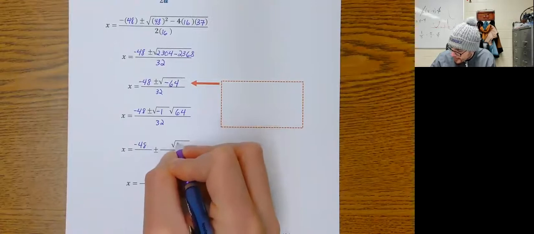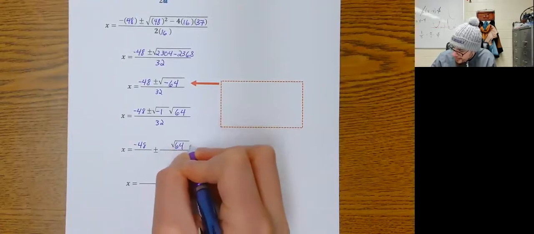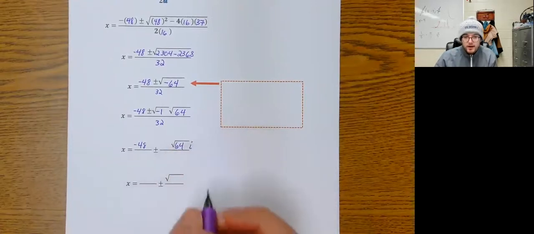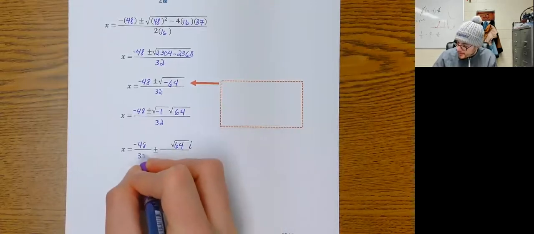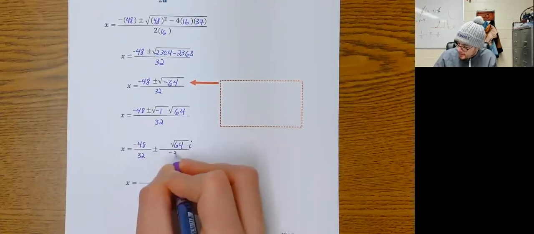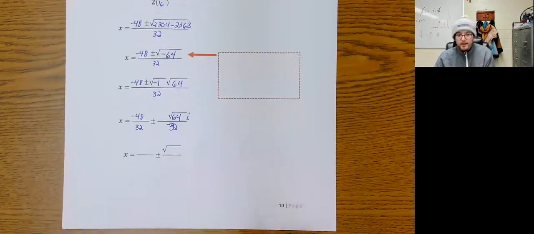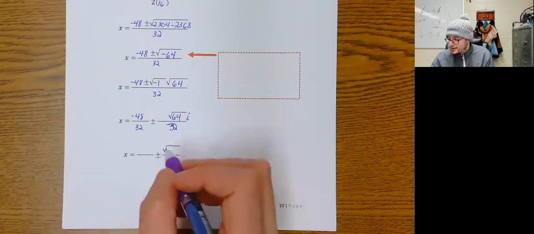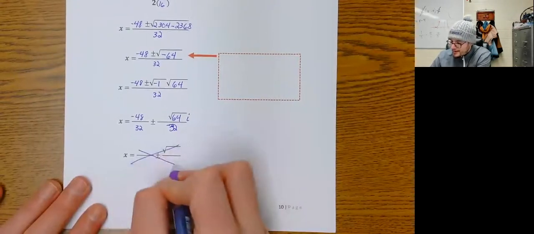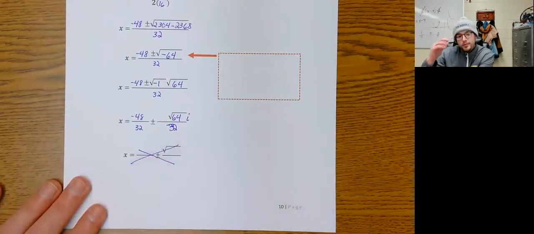So actually what you would have over here is still 64, and at the end, you would put i. And we're going to separate this out into 32 and 32. And then there's not a square root anymore. So I picked the wrong problem.